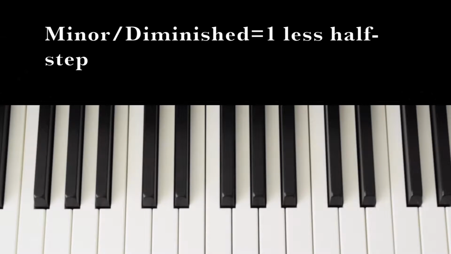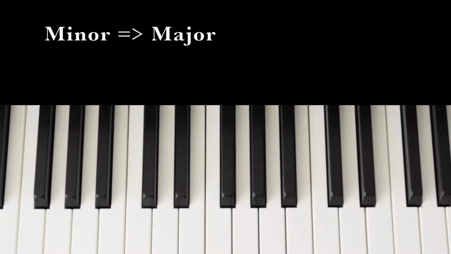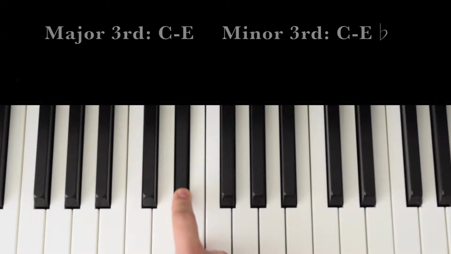Minor and diminished intervals are another type of intervals. However, they do the same thing. It's just one less half step. Minor intervals are used for major intervals. For example, major third, C to E. Minor third, C to E flat.